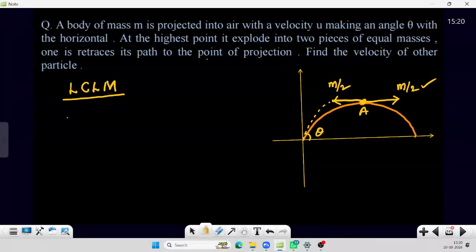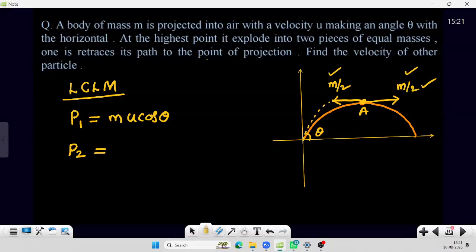Now tell me, what is the total initial momentum P1? Mass times the velocity at the highest point, which is u cos theta. The particle will have only u cos theta at the highest point. This is the initial velocity. Final velocity: velocity of this particle plus velocity of this particle.